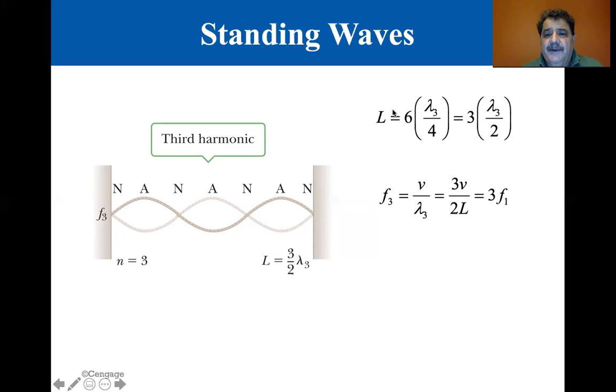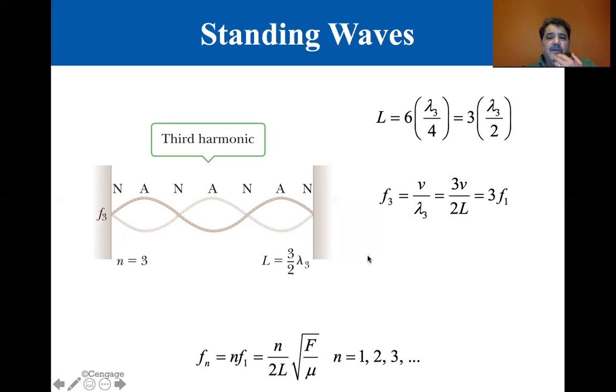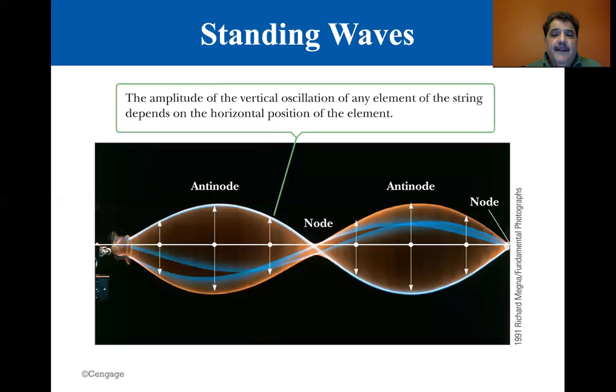Okay, so the frequency is equal to n times the fundamental frequency, equals n over 2L times the square root of the force divided by the unit density, where n here is equal to 1, 2, 3, and so forth.